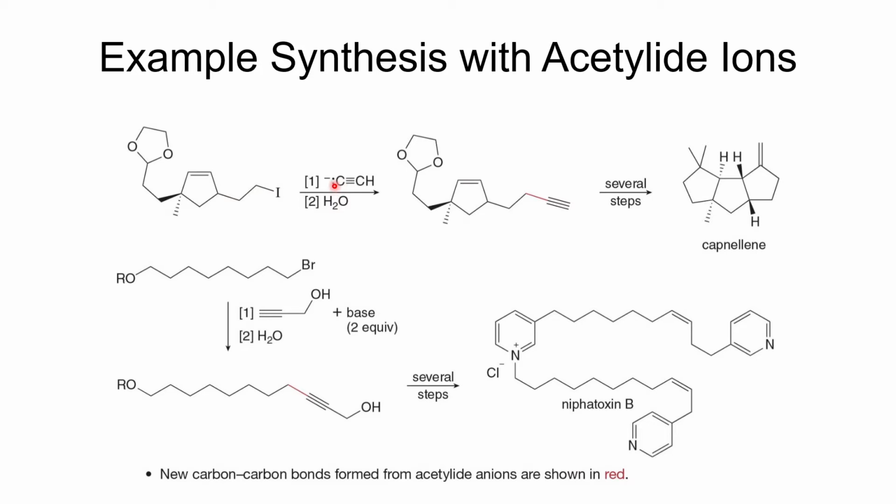The nucleophile, which is acetylide, would come in and react with that, and we would end up with this. There's our new carbon-carbon bond that is shown in red. And then I always like this: oh, we got this, and then several steps, and we got this. I have no idea what those several steps are. I have not looked up the paper on this. I expect that it was probably a non-trivial thing to do.